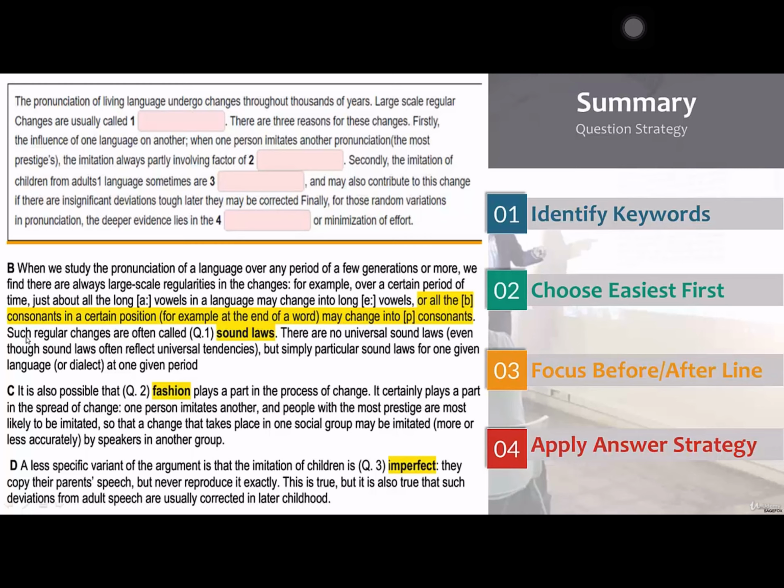So then it goes down to the answer choice for number one. Such regular changes are often called sound laws. Usually called, often called. Answer is sound laws. Right?